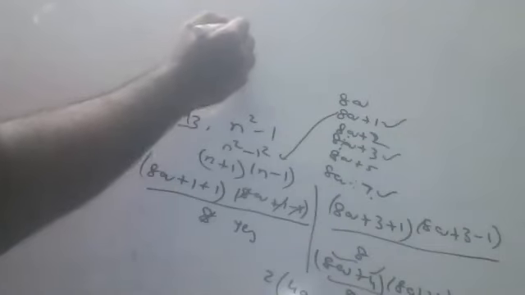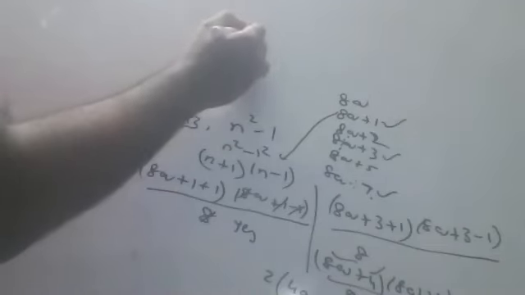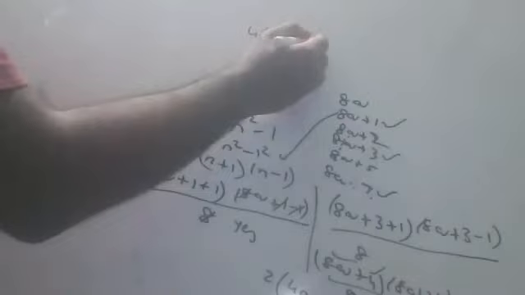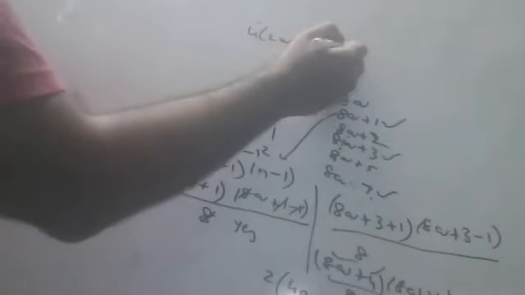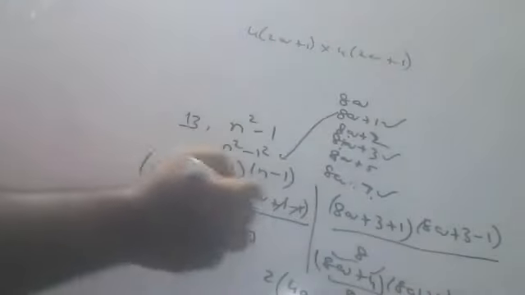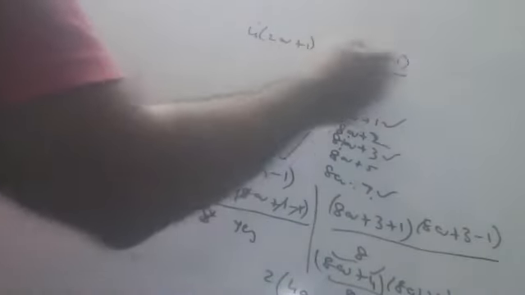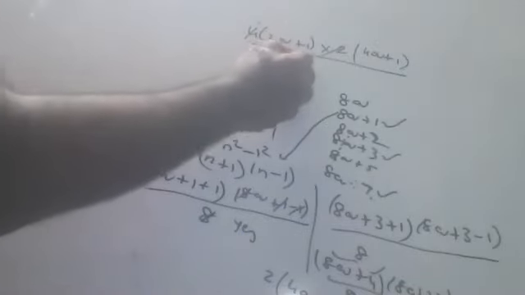Here if you take 4 common, children, what do you get? 2q plus 1. And here also you can take 2 common, 4q plus 1 by 8. 4 2s are 8. Yes.